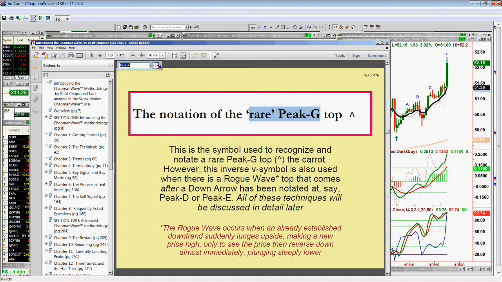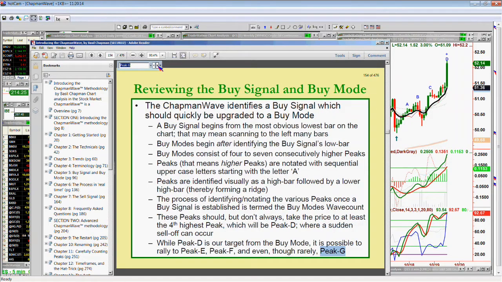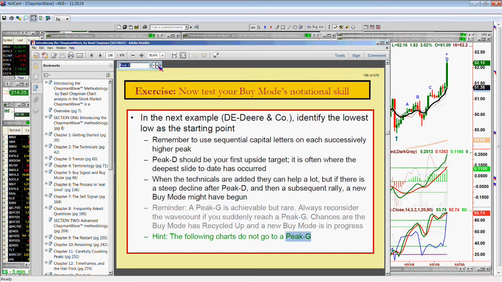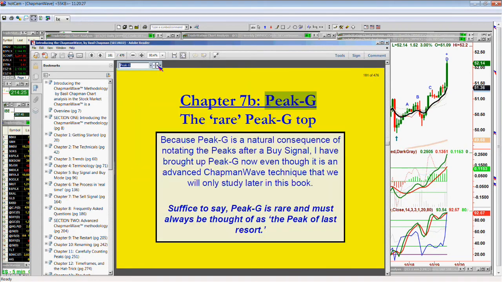That's that pattern right there. And why I'm discussing it is I've always said that if you have a robust methodology, that methodology should be capable of embracing many other techniques. And here's the sell signal peak G. Then I have a whole chapter 7b, on the rare peak G and what you can expect.